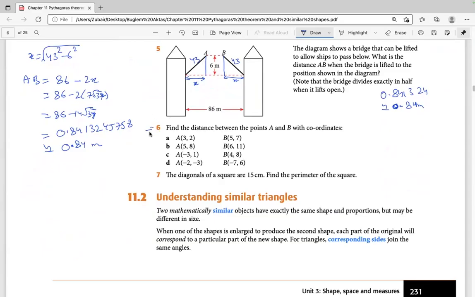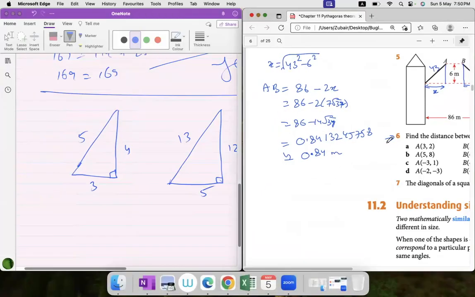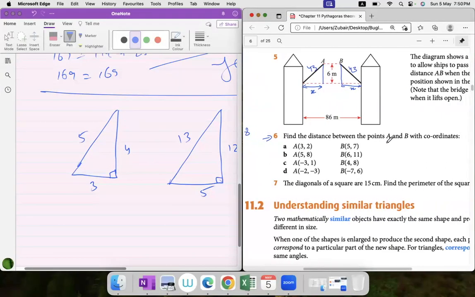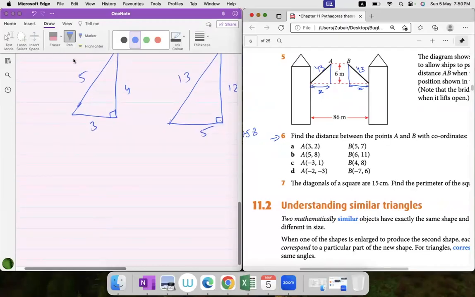Question 6 is, find the distance between points A and B with coordinates. So we need to use the distance formula. And if we realize that they are perfectly vertical or horizontal, we can straight away just answer it, which is not so in this case.